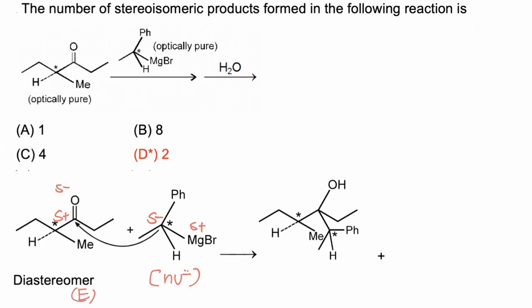These two compounds are optically active pure compounds. So let the configuration of this molecule be R on the chiral carbon, and this molecule also has configuration R. So when this nucleophile attacks the carbonyl group, a new molecule is generated.